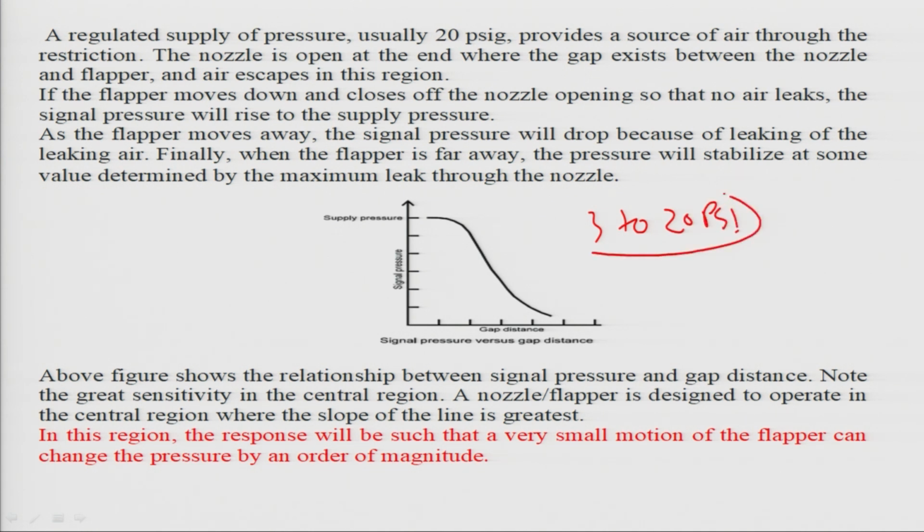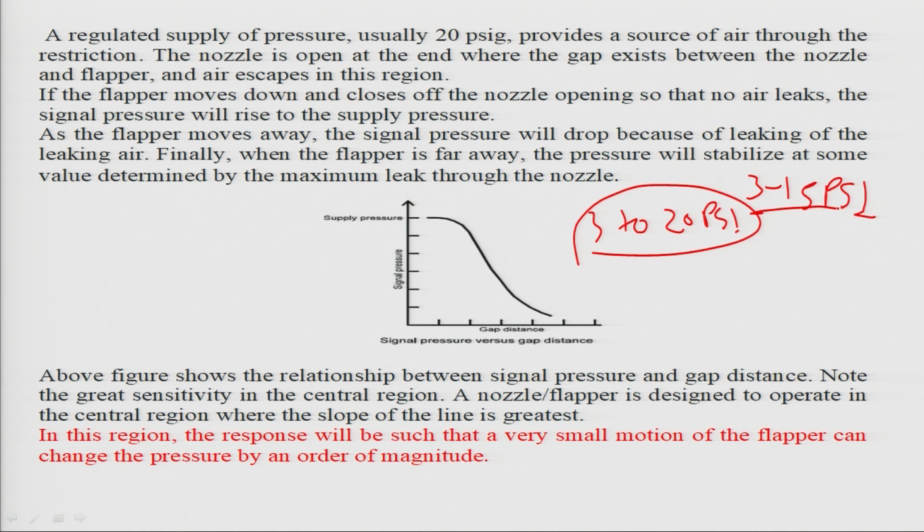Because this is a pneumatic instrument, we are using air, and the basic range is generally 3 to 15 psi. Here the pressure gauge provides a source of supply, so we can raise or lower the supply.